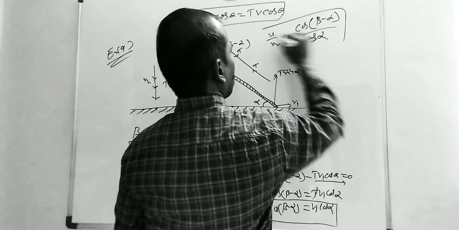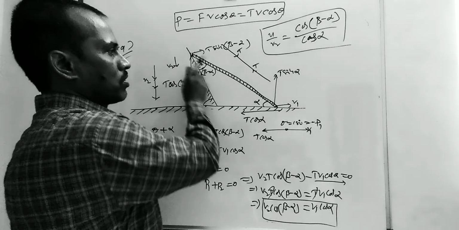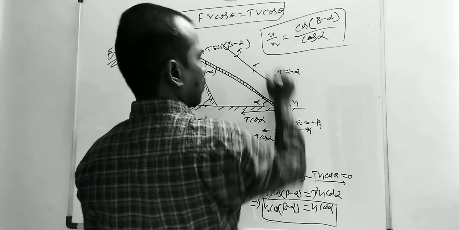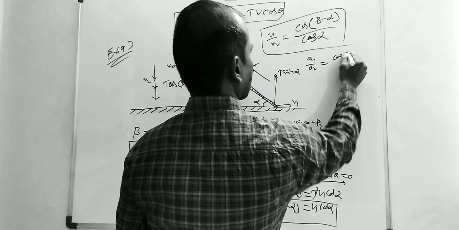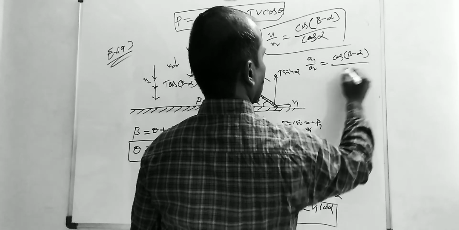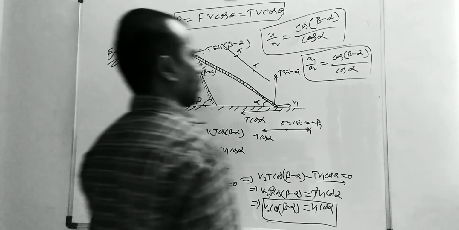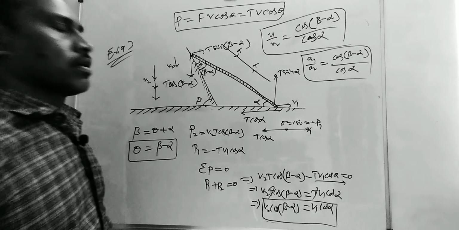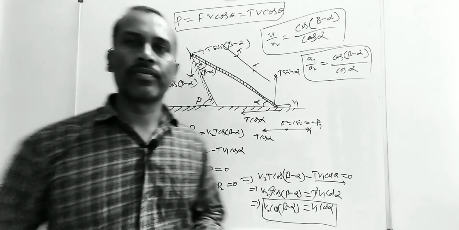This is the ratio of the velocities of the two ends of the rod. So the acceleration of these two points, a1 by a2, is equal to cos of (beta minus alpha) by cos of alpha. This is the ratio of the accelerations of the two ends of the rod. Okay, thank you. Note this one.